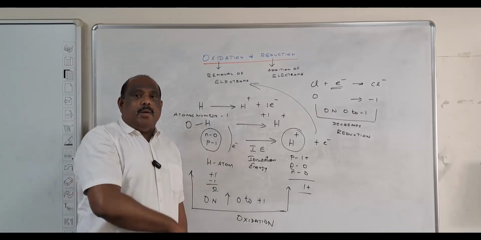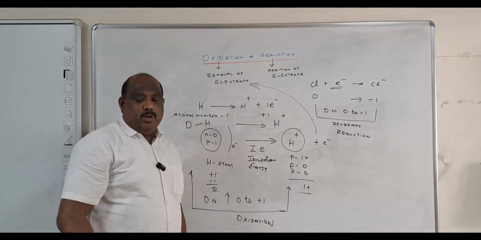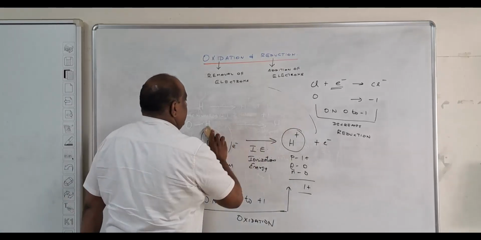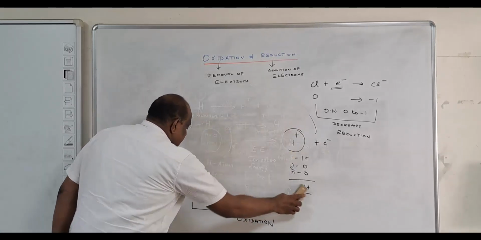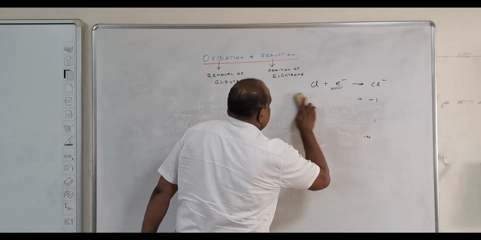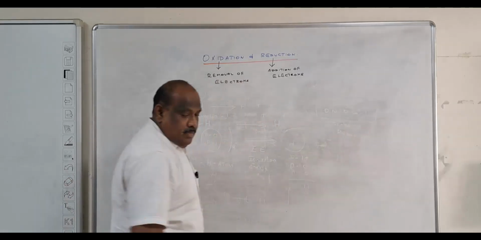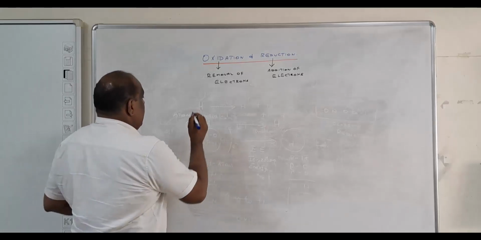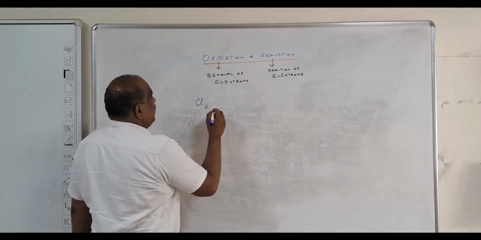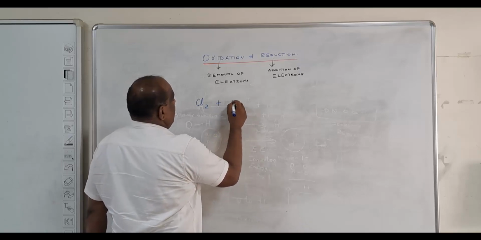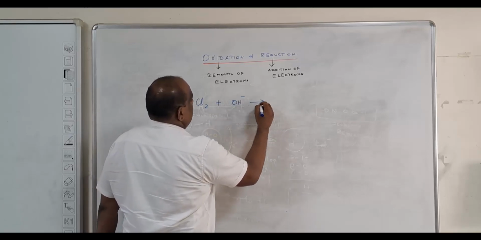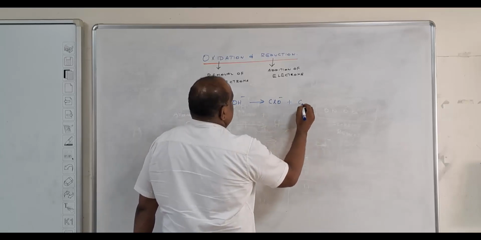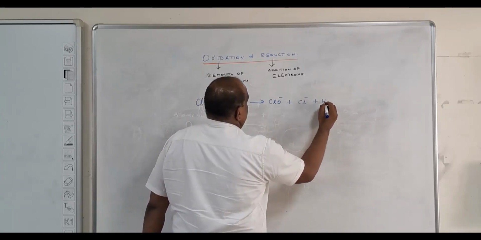Now let us come back to the context we are discussing, the disproportionation reaction with chlorine. We have considered this equation: Cl2 plus OH minus ion gives ClO minus plus Cl minus plus H2O.